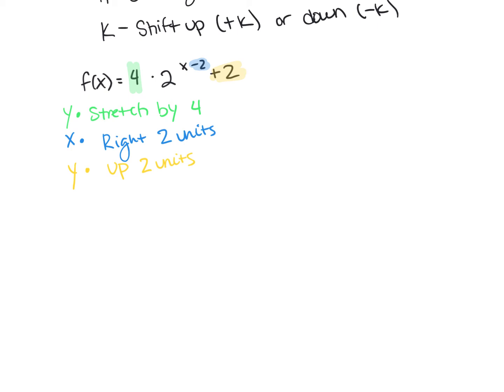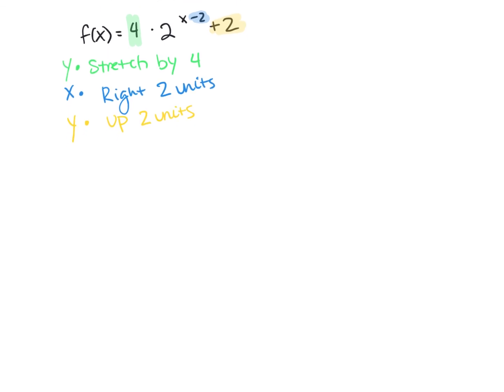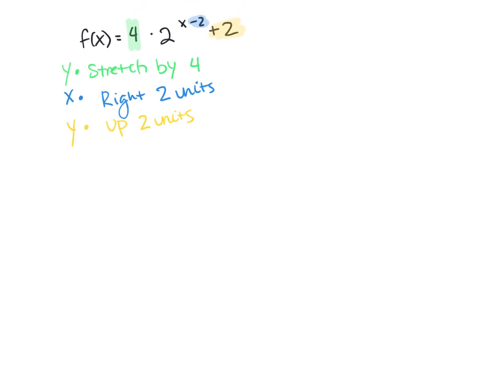Now, when we make our transformation table, that's when we look to the b, or the base. So in this case, we're going to be using the parent function of 2 to the x. Whenever we're dealing with exponential functions, regardless of the base, we're going to use the x values of -2, -1, 0, 1, and 2.